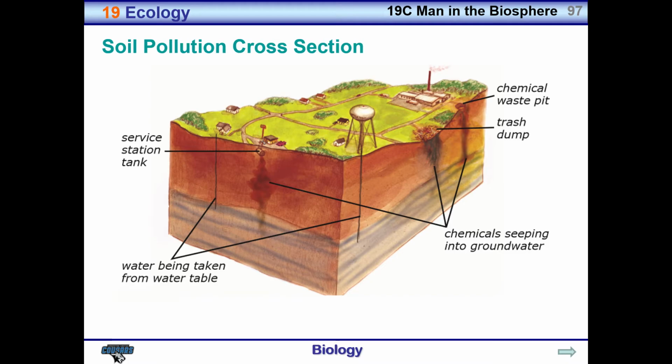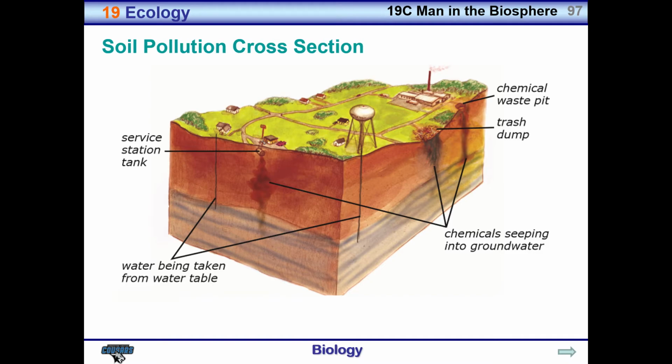And then we have trash dumps. If trash is not properly handled, rainwater and surface water will run off, soak through the stuff that we put in the dump, and it can seep down into the groundwater, which ultimately somebody's going to draw out and drink. So that could be a problem. Over on the left, we see a service station tank.